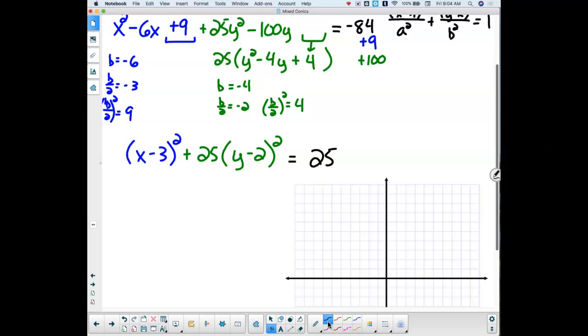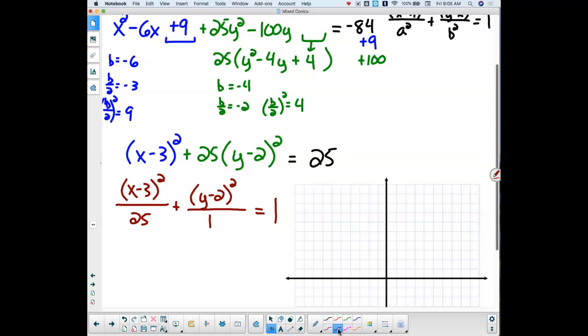Ellipses are equal to what? 1. So I've got to still do one more step, and I've got to get it equal to 1. So the equation here is going to be x minus 3 quantity squared divided by 25 plus y minus 2 quantity squared divided by 1 equals 1.